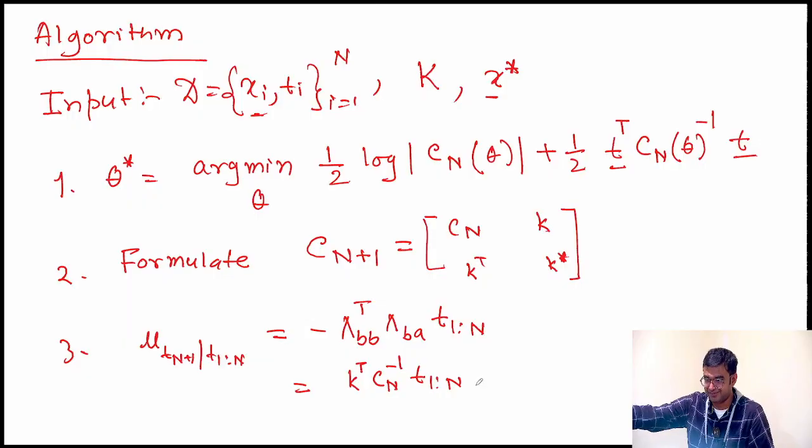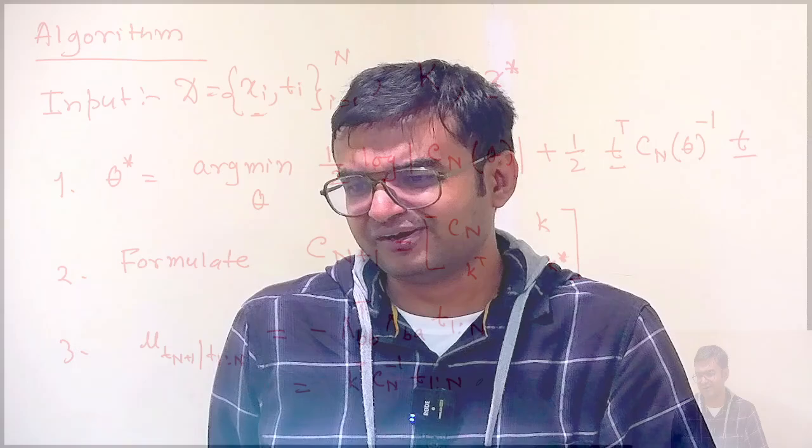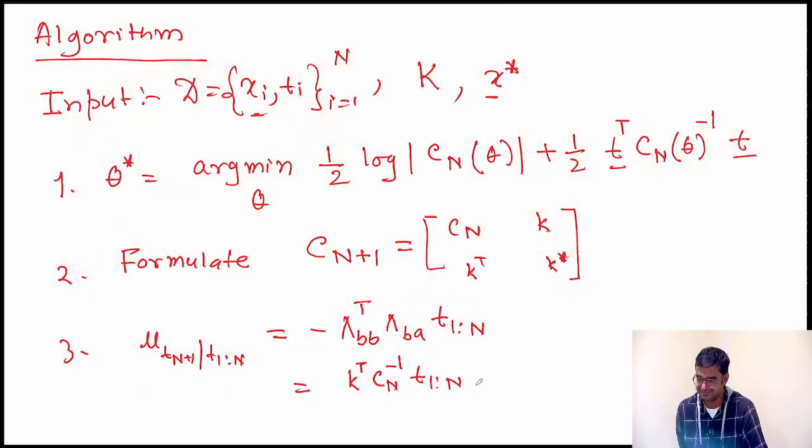I have not proven this. 1 by n, n by 1, all those things will come because of that. So this will be your mean. This derivation from lambda to C I have not done. I might do it next time, or otherwise I told you that using those two theorems you can do it. It is a half page kind of proof.